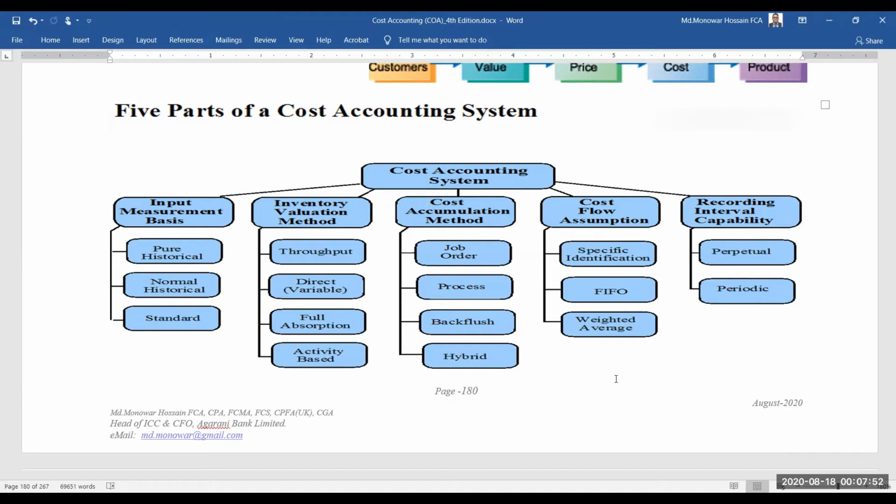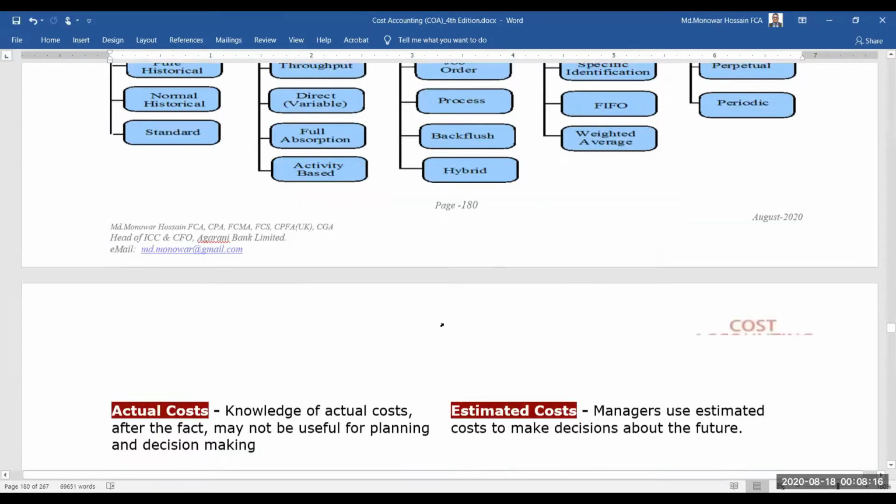The cost accumulation method can be job order, process, backflush, or hybrid. The cost flow assumption is specific identification, FIFO, or weighted average cost. And the recording interval is perpetual or periodic. These are the 5 parts of cost accounting systems.